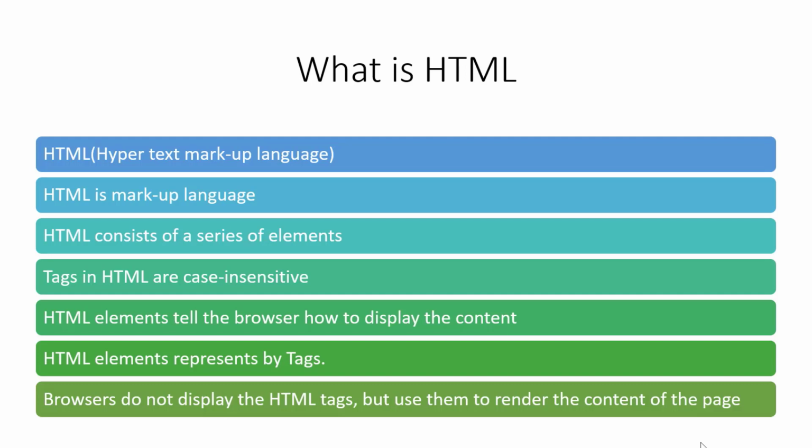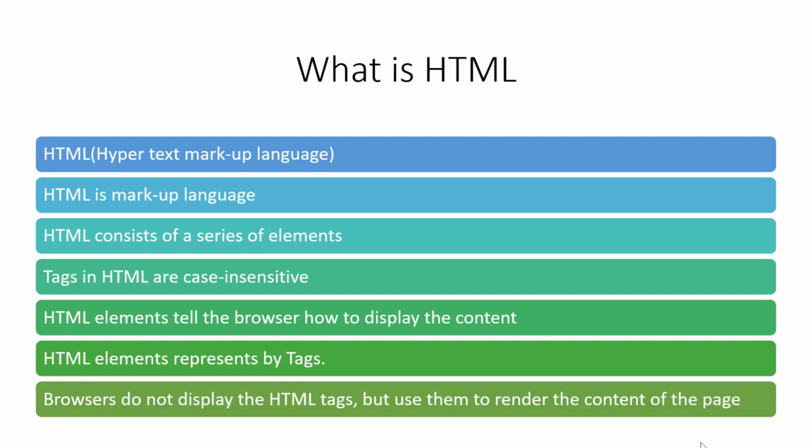HTML consists of a series of elements. Elements and tags in HTML are case insensitive. An HTML element is a set of text which consists of the element name surrounded by an opening angle bracket and closing angle bracket.